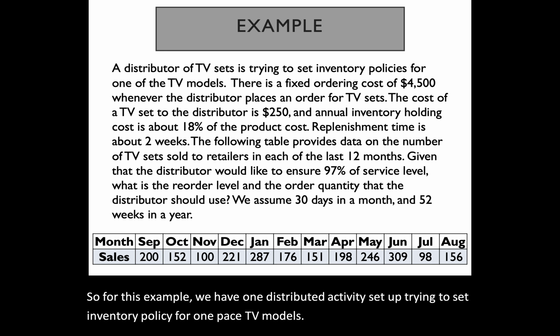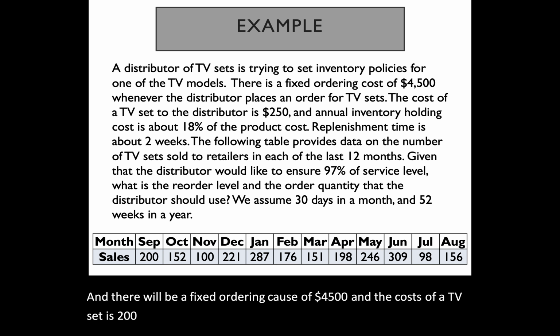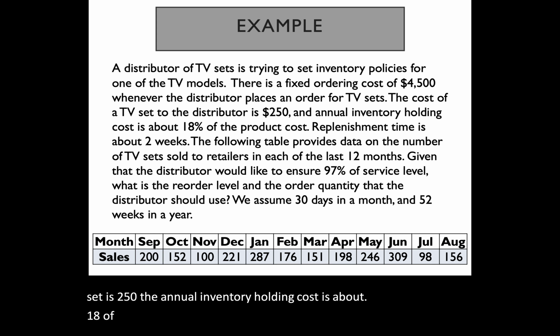There will be a fixed ordering cost of $4,500, and the cost of a TV set is $250. The annual inventory holding cost is about 18% of the product cost. Replenishment time is about 2 weeks.